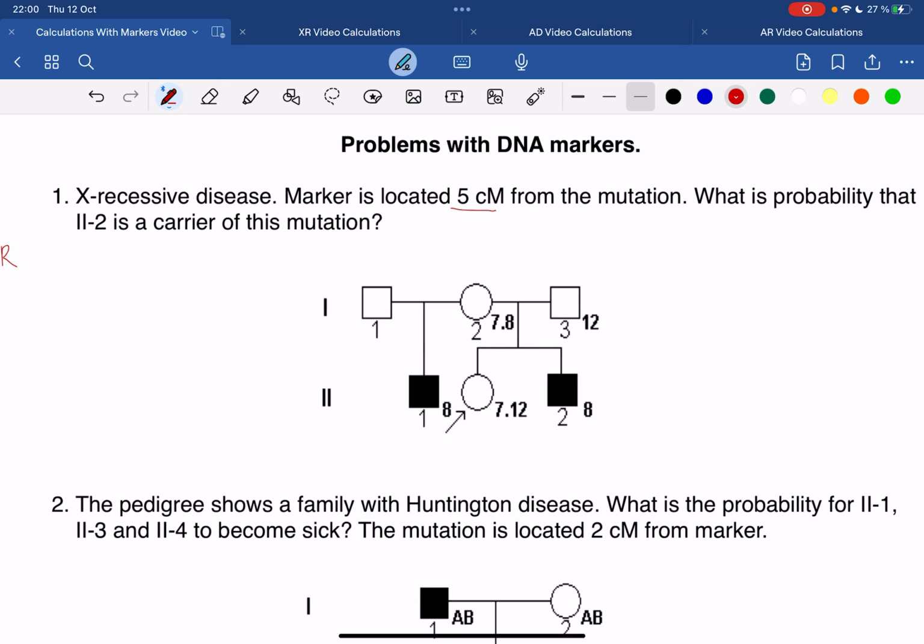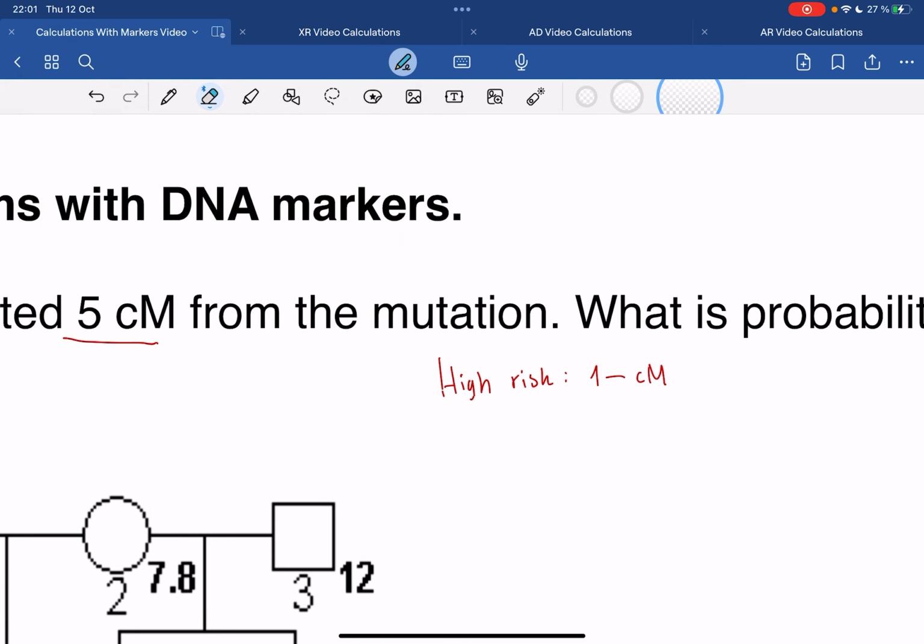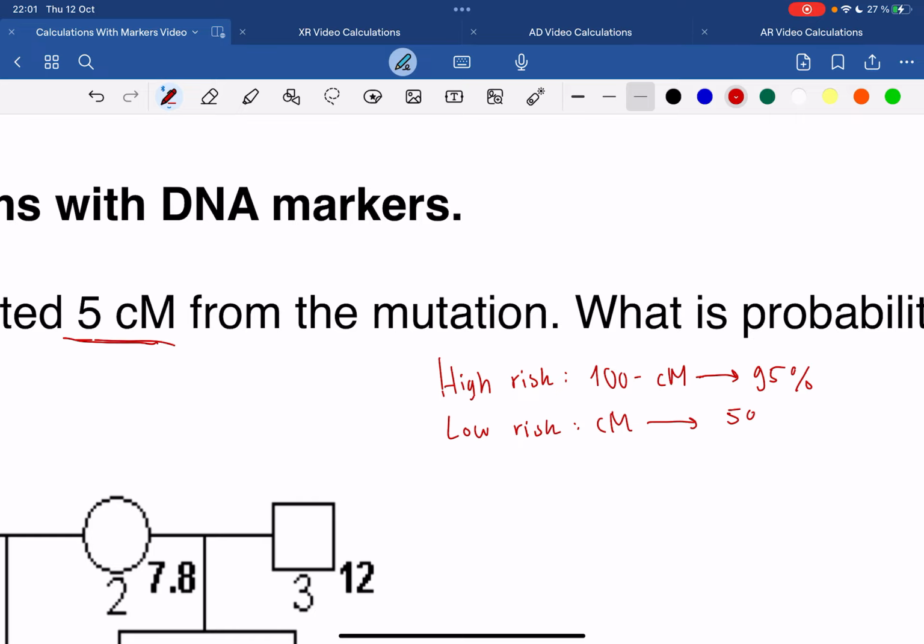High risk is always 100 minus centimorgans, which would be 95%, because 100 minus 5 is 95. Low risk is just centimorgans, which is 5%.